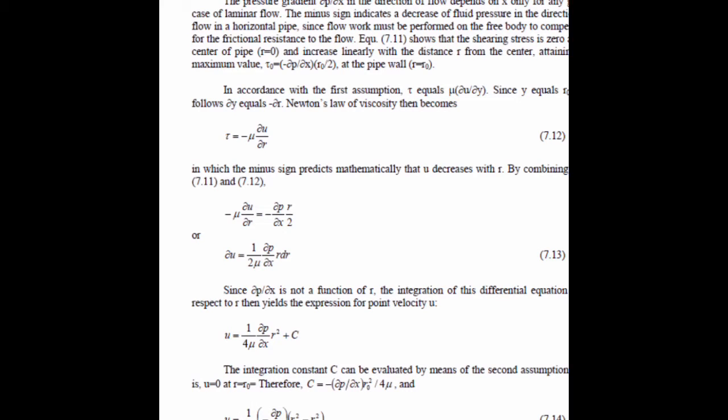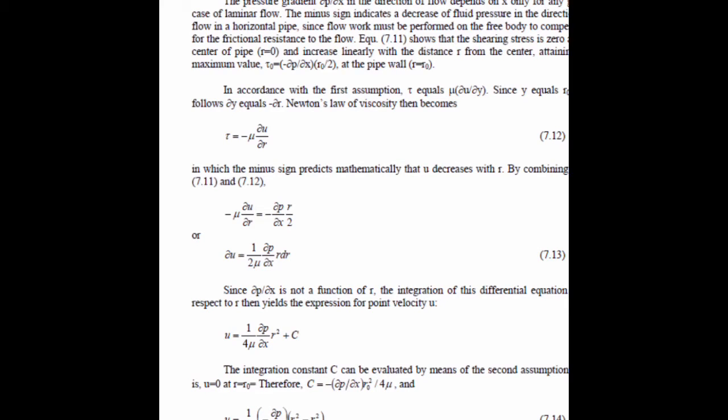That means at r equal to 0, the shear stress will be 0, and it will increase linearly with the distance r from the center, attaining its maximum value tau naught equal to minus del p by del x into r naught divided by 2 at the pipe wall, that is at r equal to r naught. That means at r equal to r naught, we will have the maximum shear stress value.